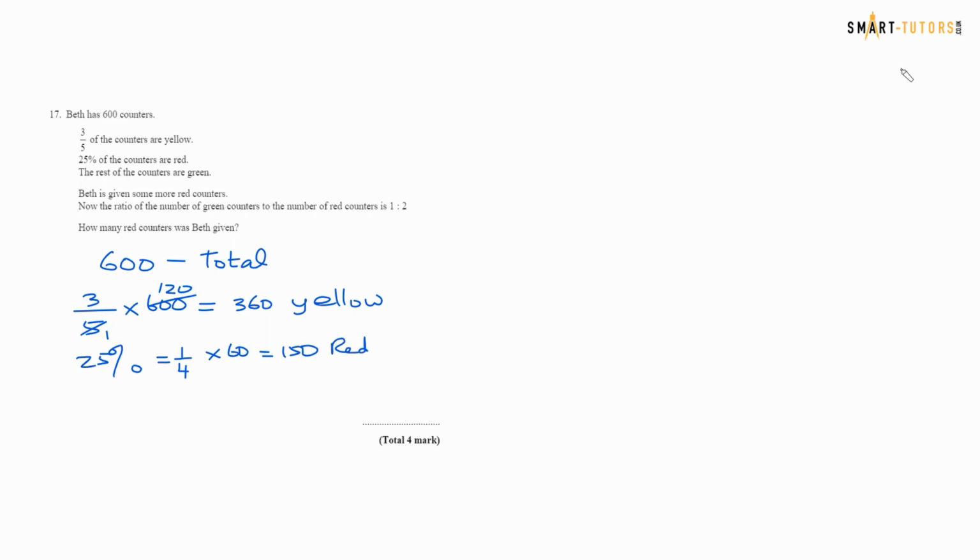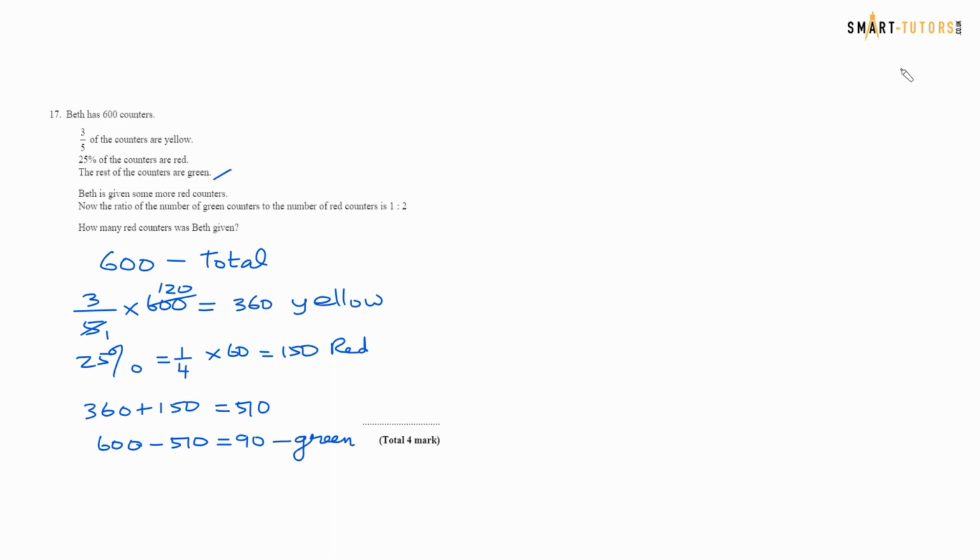The remaining are green. So 360 plus 150, add them together, is 510. Take that away from 600, which is 90.